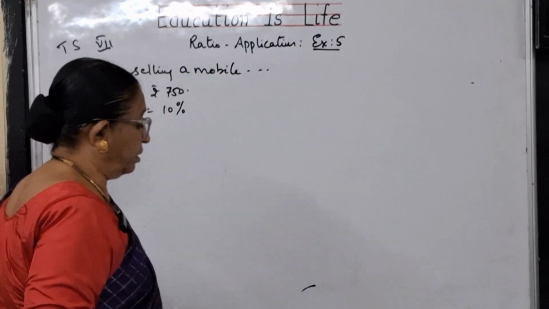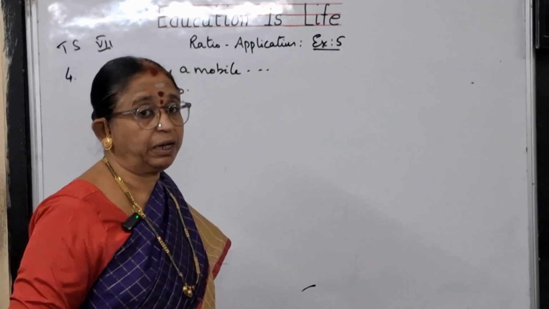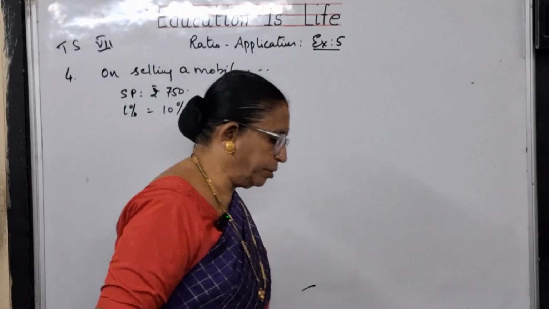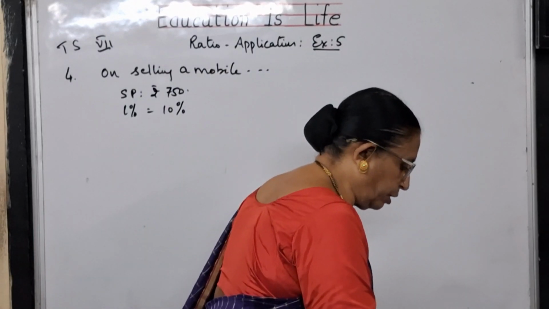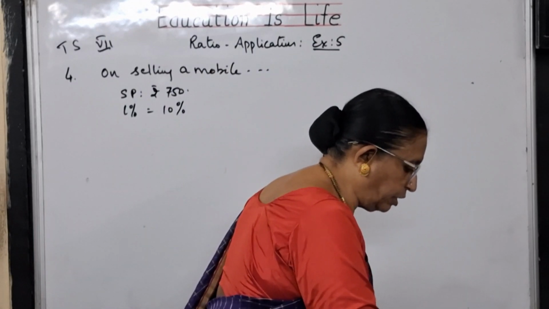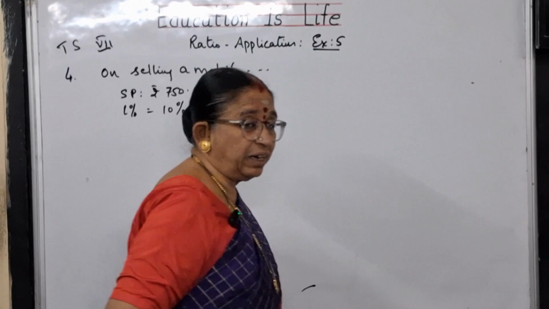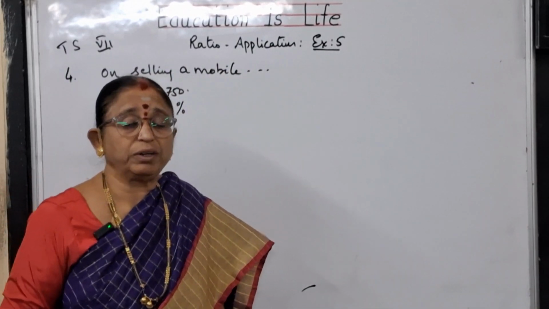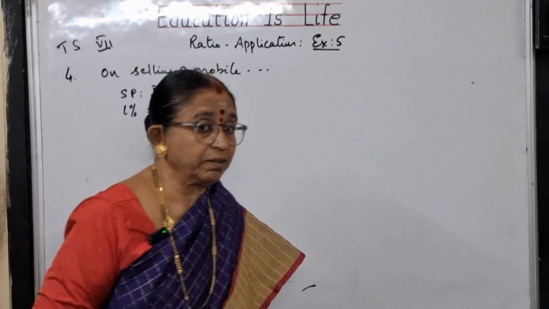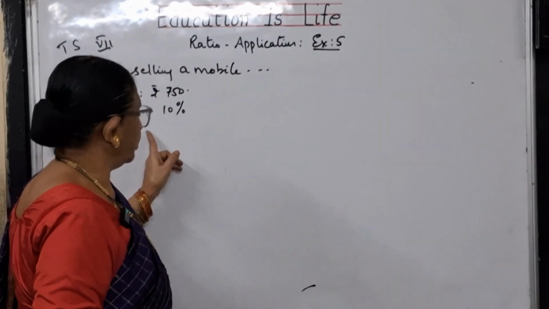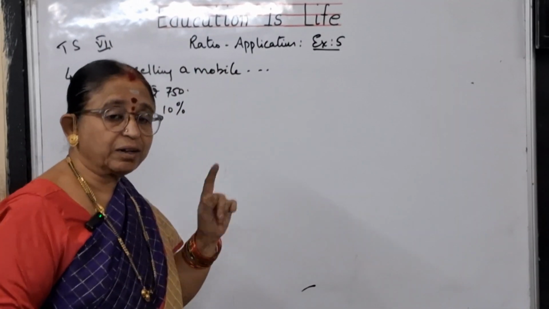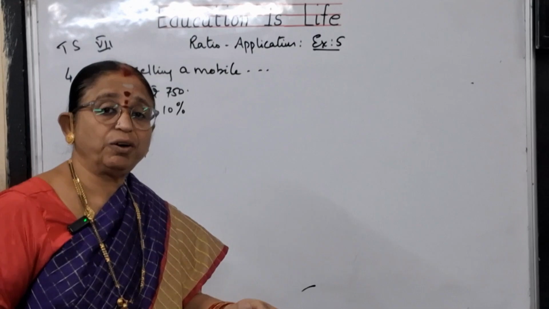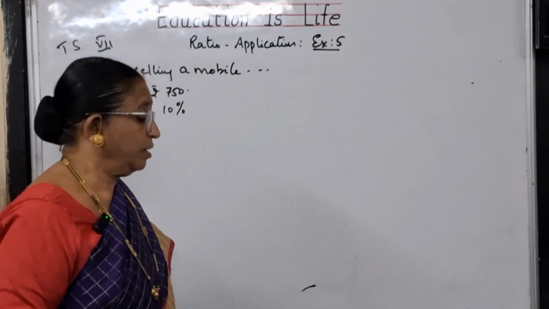Actually, the question is: for what amount should he sell it to get a gain of 5%? So 5% gain he has to get means what? You need to find out first what the cost price is here. Then, taking that cost price and the gain, you can go for the selling price.